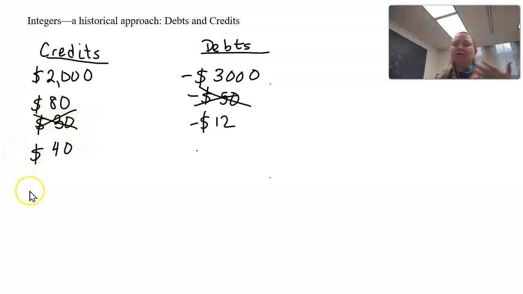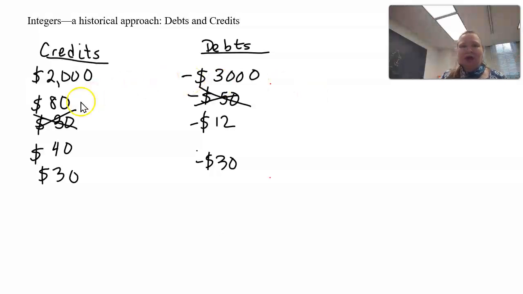Or I can say, you know what? I had that $30 in my pocket, and I spent it. And then that has the same effect as crossing it off out of the credit list. I can say, okay, these are going to balance out.